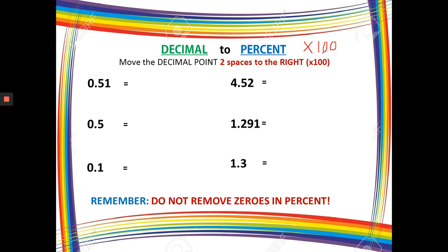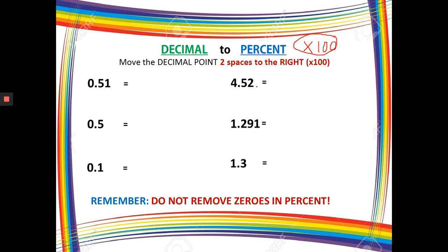Multiply by 100. Just like what we did in our division, you don't have to multiply it manually one by one. You can just move the decimal points. This is only for base 10, okay? You can move the decimal points for base 10 only, like if it's divided by 10, 100, 1000, or times 10, 100, 1000.